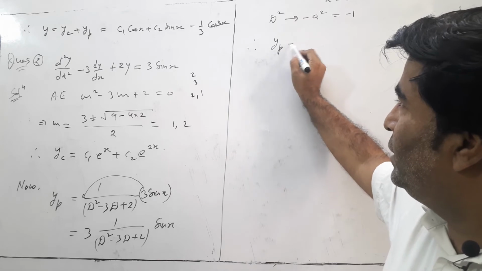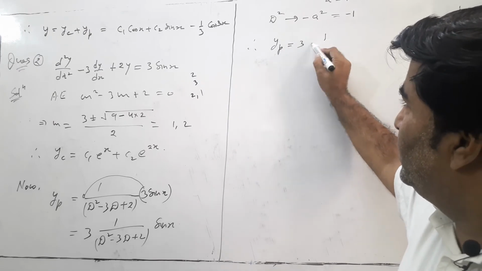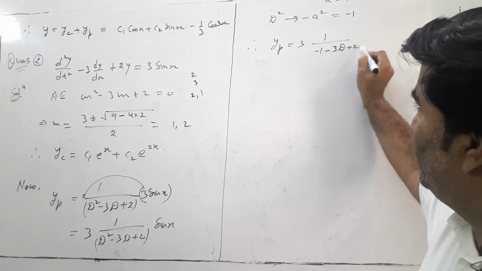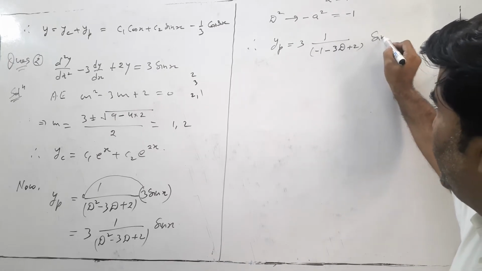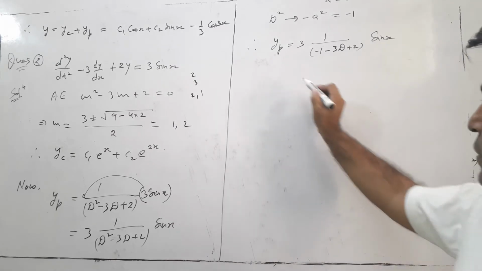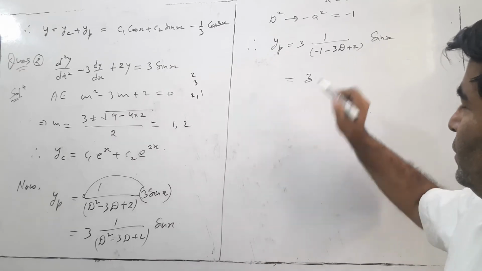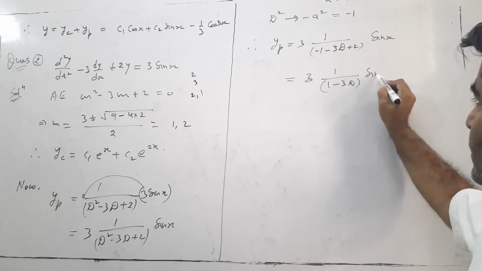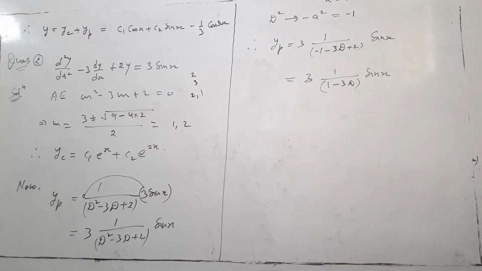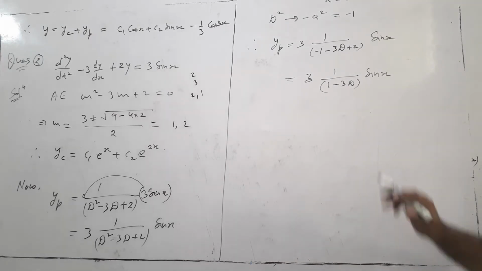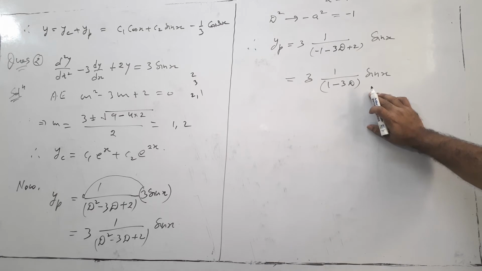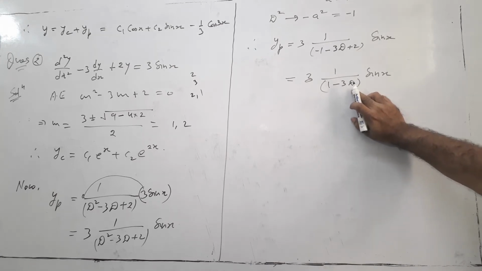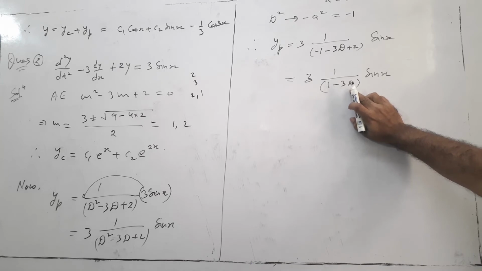Therefore the particular integral is 3 upon minus 1 minus 3D plus 2 sin x, and this will be 3 upon 1 minus 3D sin x. Actually, in the case of sin x or cos x we replace D square by minus a square, but here there is D, so we try to make D square.